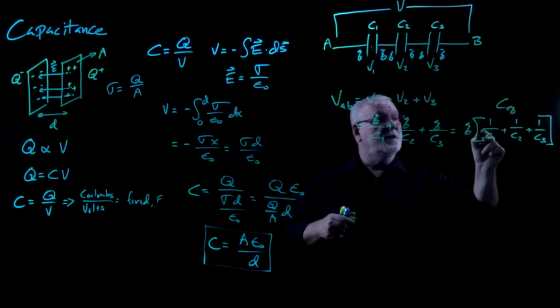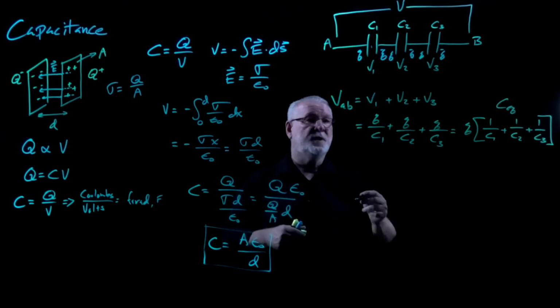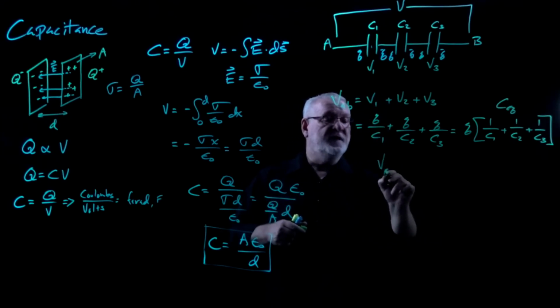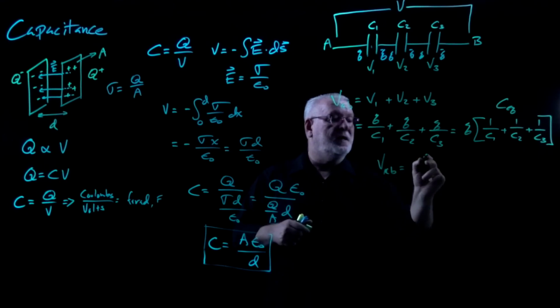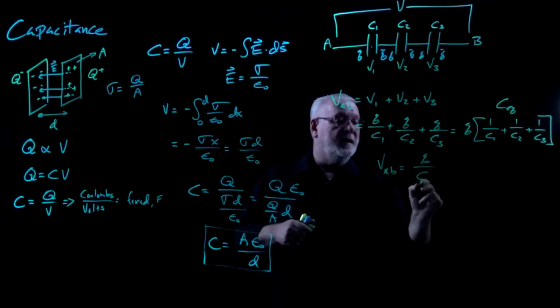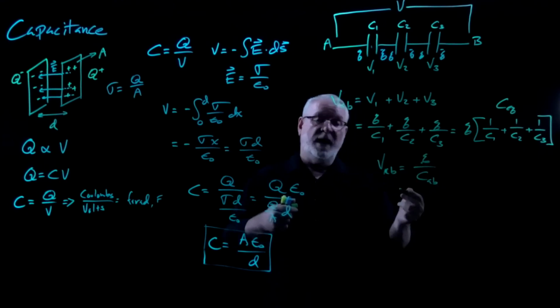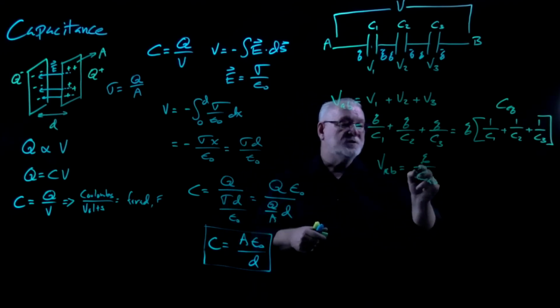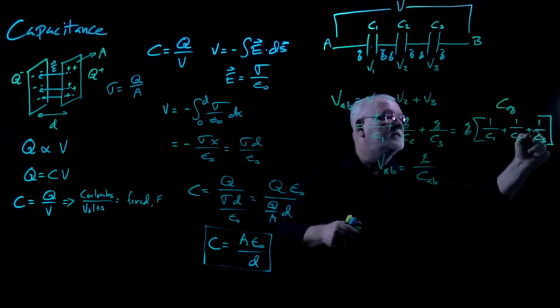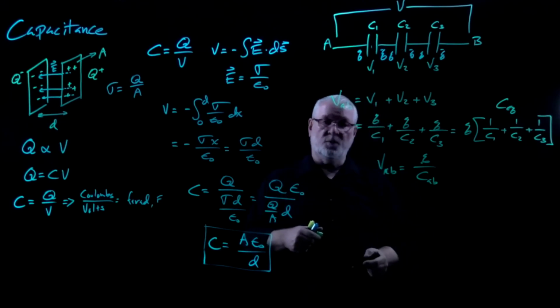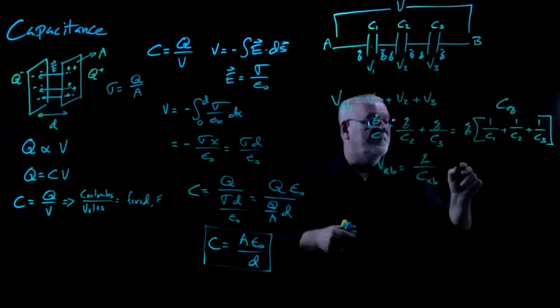The problem is here it appears in the numerator, and I know it's supposed to be in the denominator. That is, VAB would actually be equal to Q divided by CAB, the capacitance of the whole, which means 1 over CAB must be equivalent to what's inside these parentheses, and that's the end of our derivation.